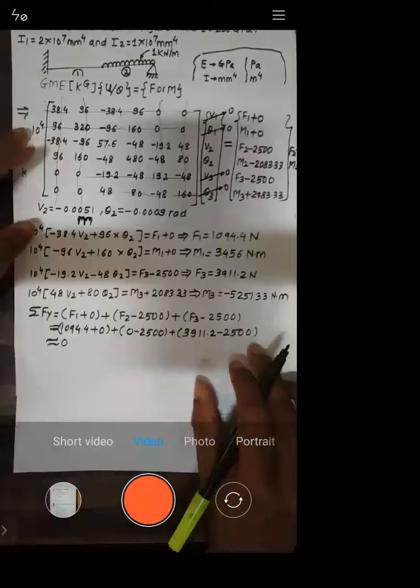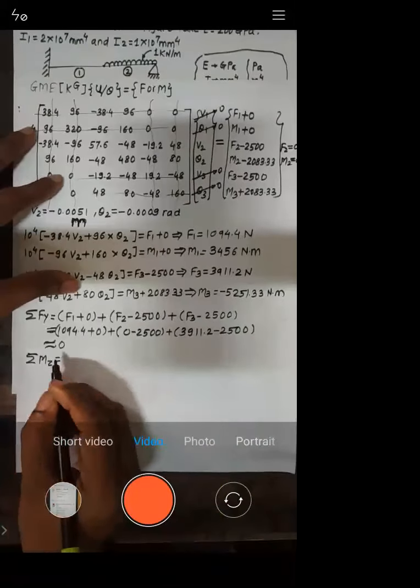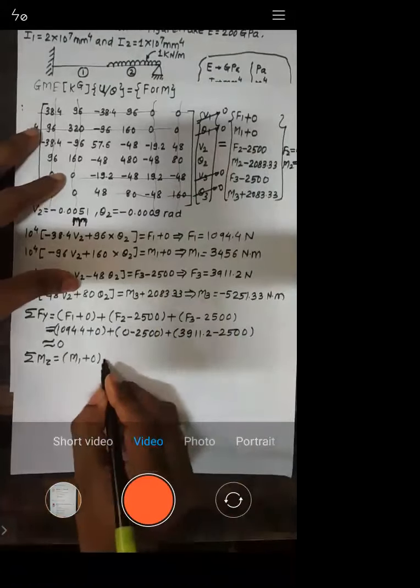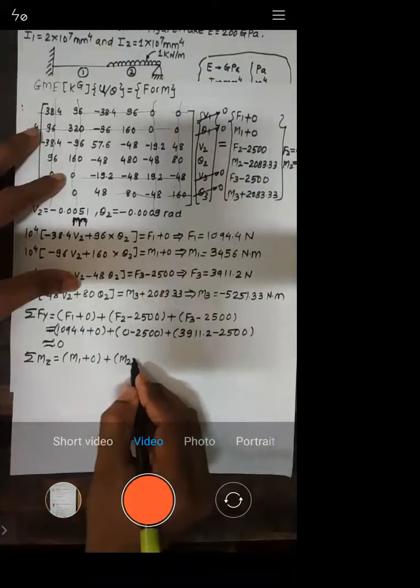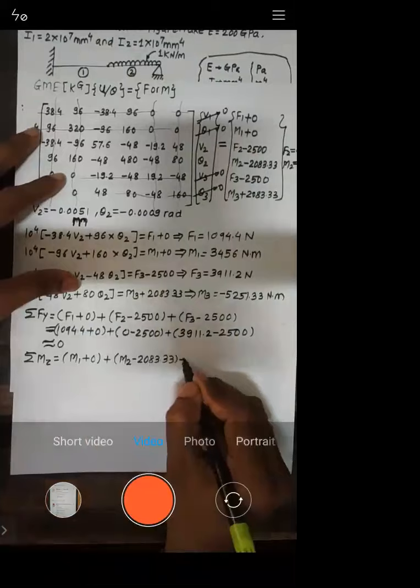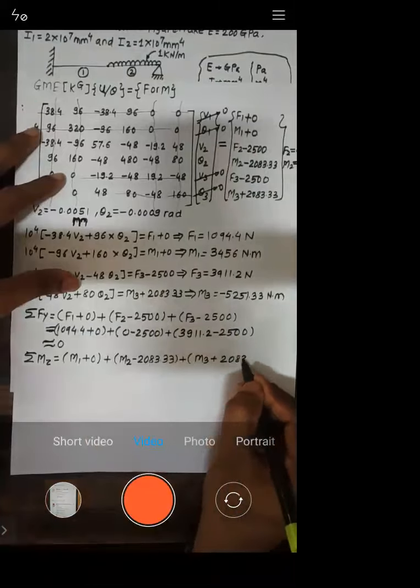Similarly, you can calculate the summation of moments about Z. M1 plus 0 plus M2 minus 2083.33 plus M3 plus 2083.33.